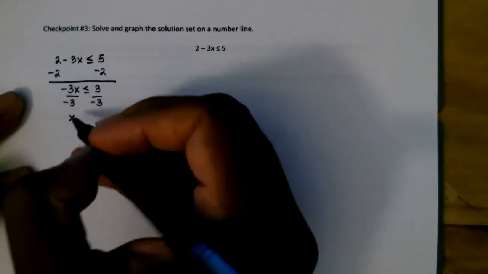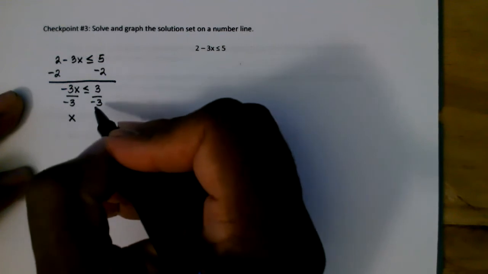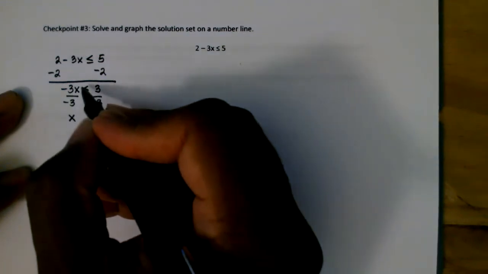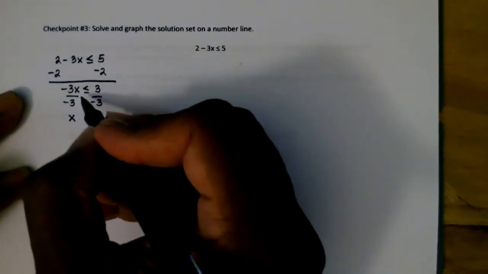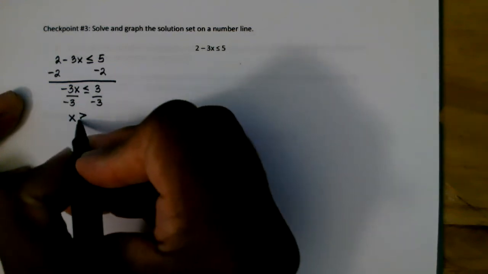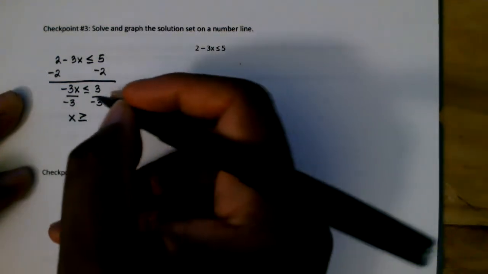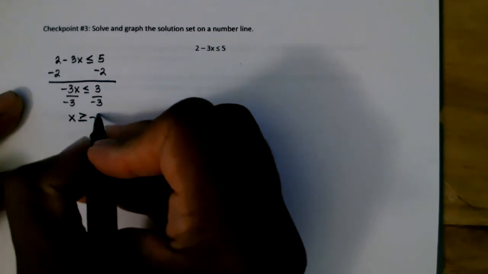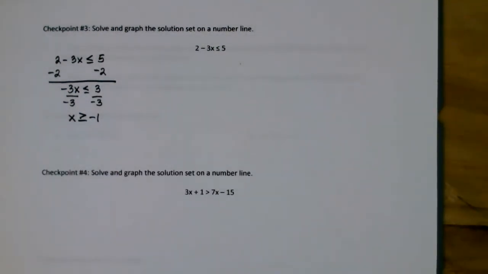But since we're dividing both sides of an inequality by a negative, the less than or equal to changes to greater than or equal to. And 3 divided by negative 3 is negative 1. So here we got x is greater than or equal to negative 1.